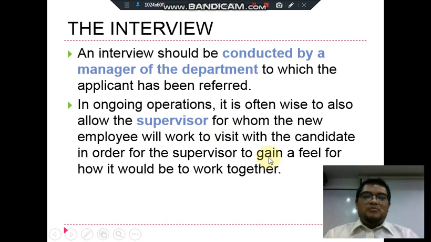Because it is very important, it is not the manager who will work with the employee, but the supervisor who will work with this employee. So it is good that the supervisor is brought along into the interview, so that this supervisor will get the chance to see who the person is, and also will be able to have a word in the interview selection.